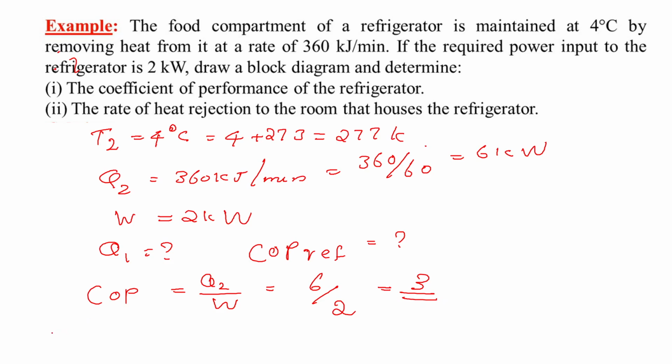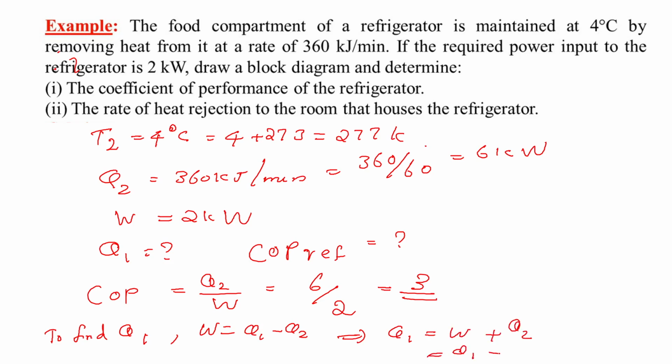Now to find Q1, we have W is equal to Q1 minus Q2. From that, Q1 you can write as W plus Q2. So Q1 is equal to 2 plus 6, that will be 8 kilowatt. So please go through this problem, then we will go to the next one.